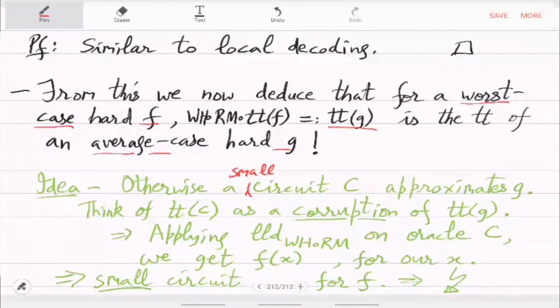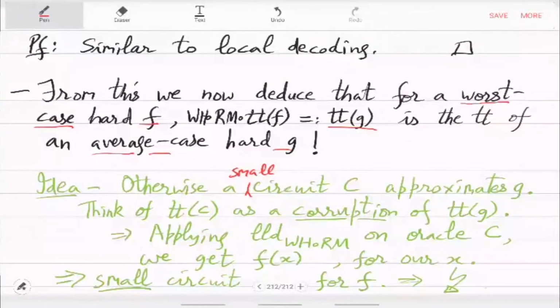In the proof details you have to look at the local list decoder algorithm, convert it into a circuit, and check the parameters to see that you really get a polynomial sized circuit.